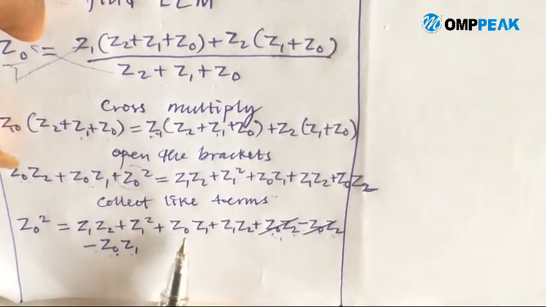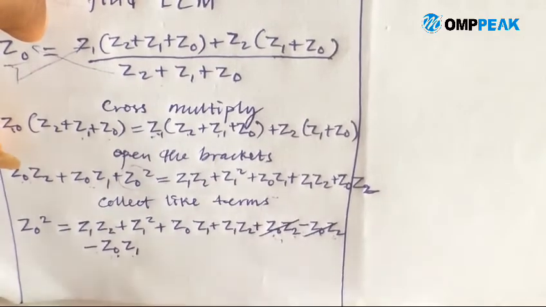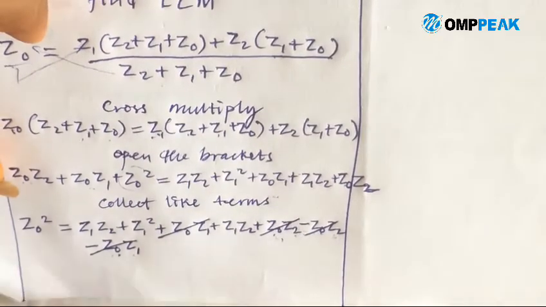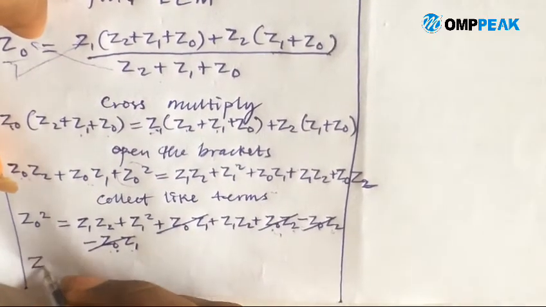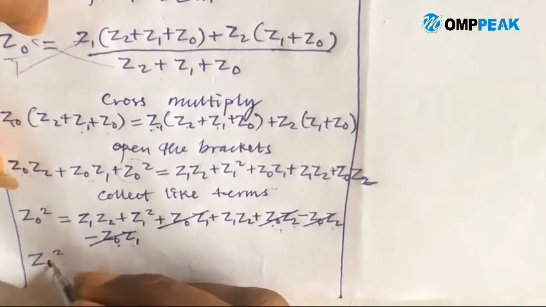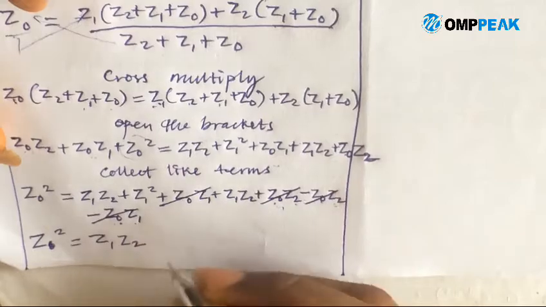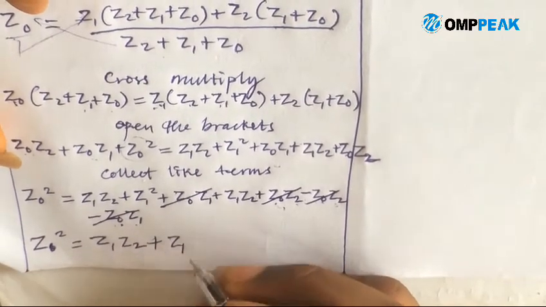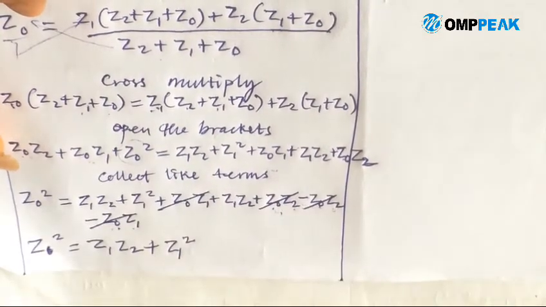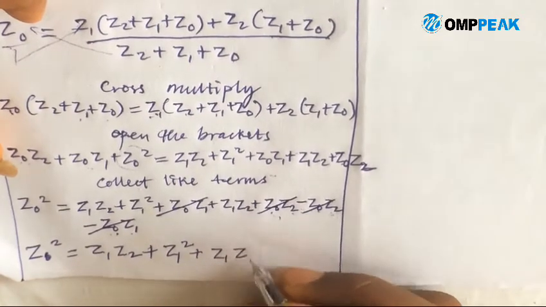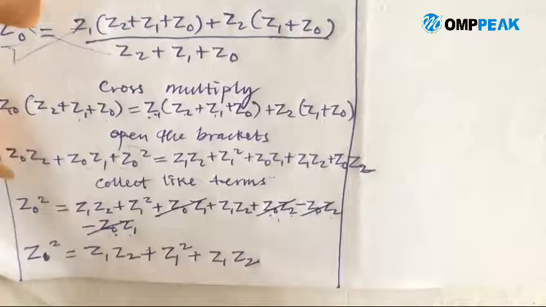Let's look. Do we have any Z0 Z1? Yes, we have. So cross this one out. The remaining will now be Z0 square equal to Z1 Z2 plus Z1 square plus Z1 Z2.